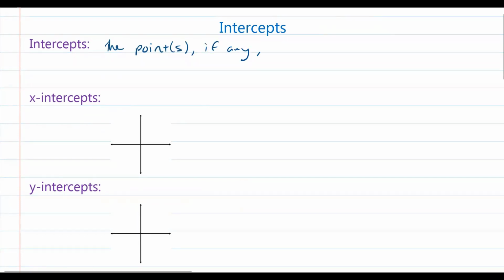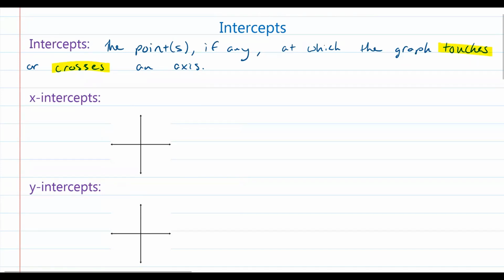So this is to indicate that there could be no intercepts at which the graph touches or crosses an axis. I want to highlight two words: it could touch or cross the axis and still be considered an intercept.